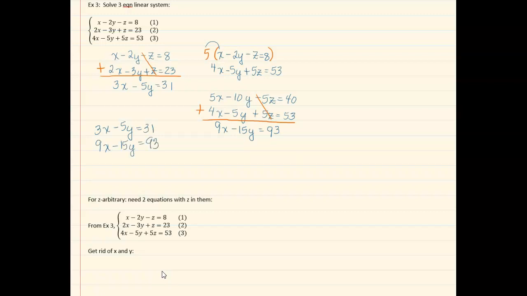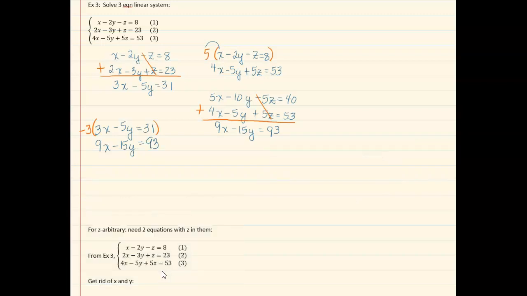So maybe we would say, okay, let's multiply this times a negative 3. That will give me a negative 9, and it will cancel out with this 9x that we have here. So I'm just going to rewrite it. Let me add a little bit more room. So we have a negative 9x, a positive 15y, and a negative 93.